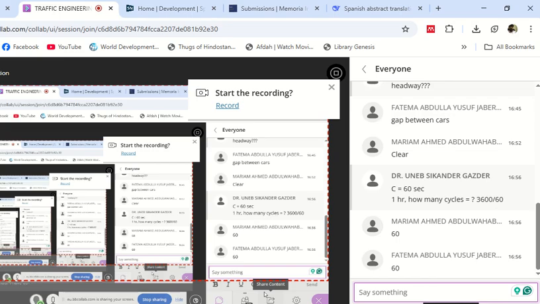In one cycle, how much effective green am I getting for this movement? Now how do we calculate effective green? We take the phase time. Phase is green plus yellow plus all red. They are representing yellow and all red combined with capital Y. Capital Y is not just yellow, capital Y is yellow and all red both. So G plus Y is the complete phase time. Then I will subtract the lost time from it.